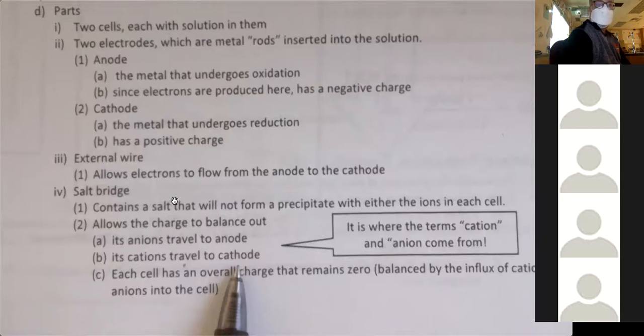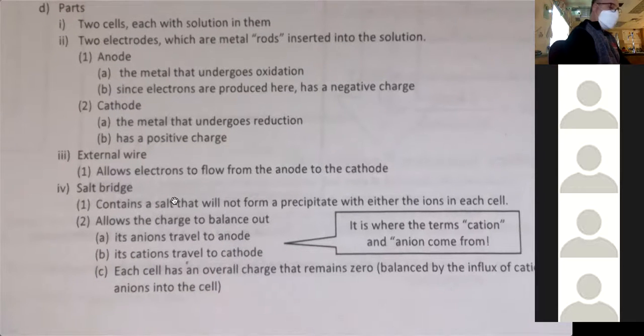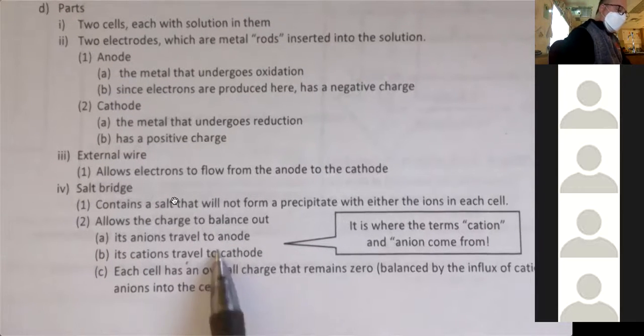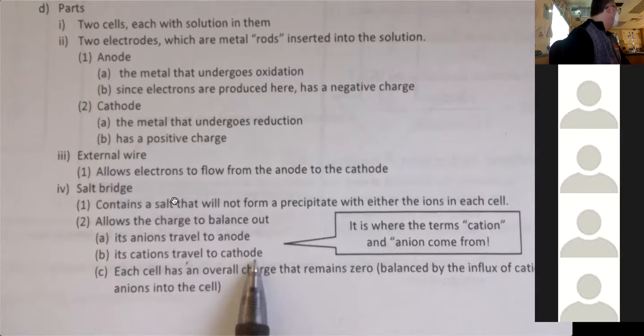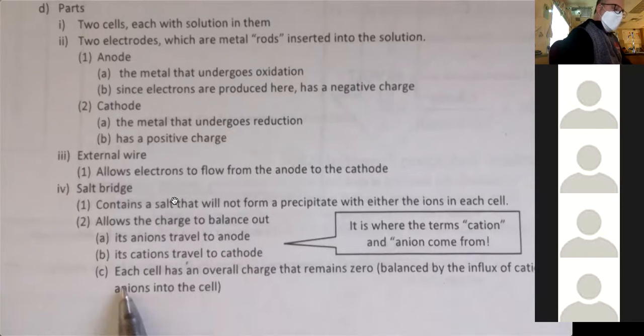So here's a fun thing. That's actually where anion and cation comes from. Originally, it was anode and cathode, but the anions travel to the anode, and the cations travel to the cathode. Fun fact there, if you wondered where those names came from. Each cell has an overall charge that remains 0, balanced by the influx of cations or anions.